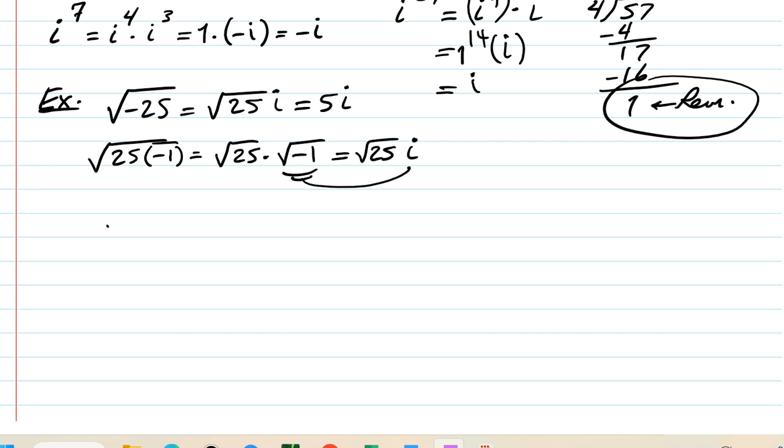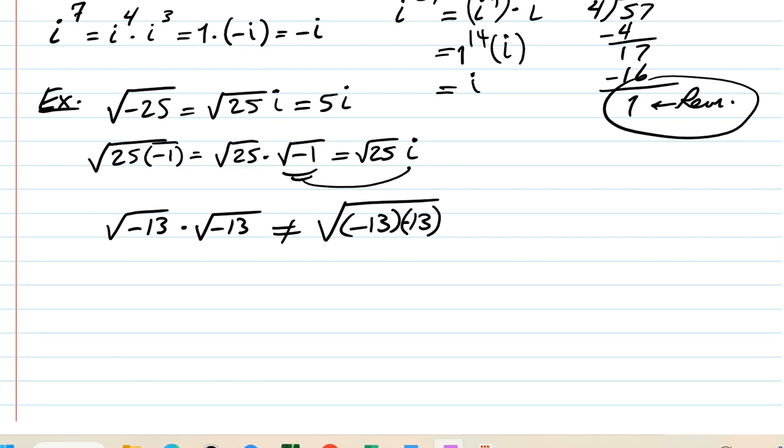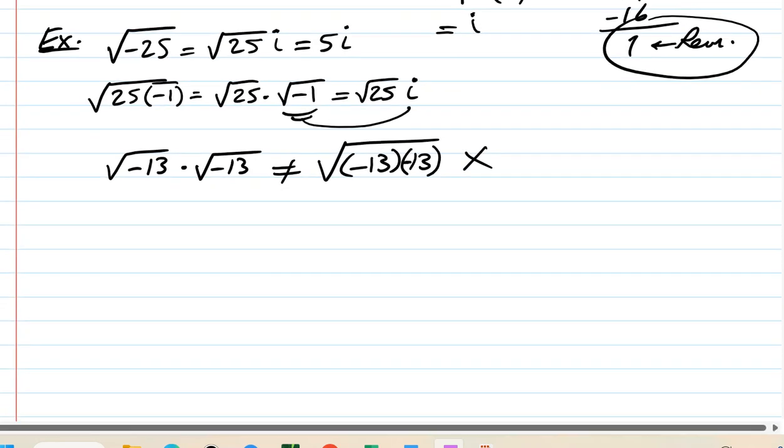Let's do a multiplication. I'm going to multiply, let's say, square root of negative 13 times square root of negative 13. Again, I want to emphasize we are not allowed to multiply them under one radical, because this is imaginary, and so is that. We have two non-reals, so we cannot do this. Then what is the correct way of doing it?